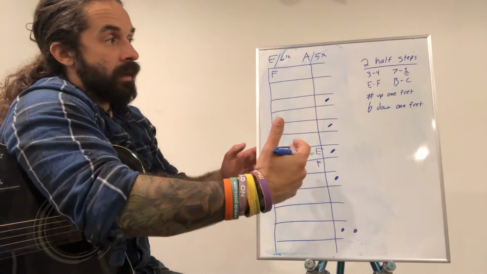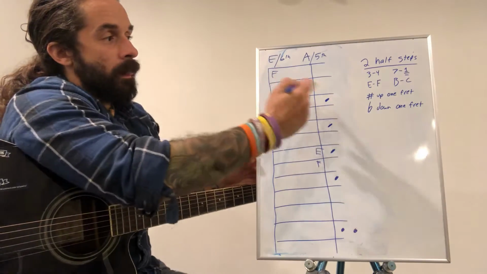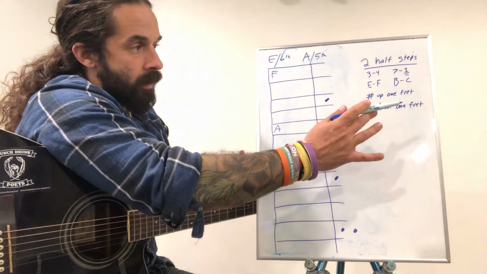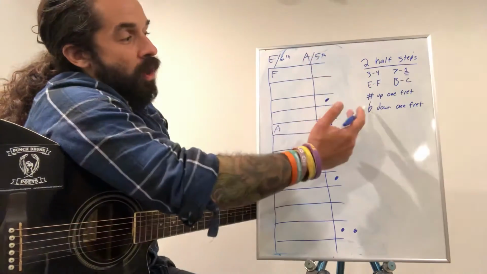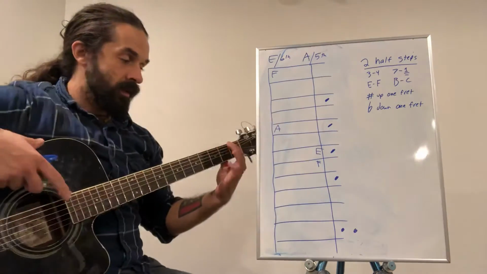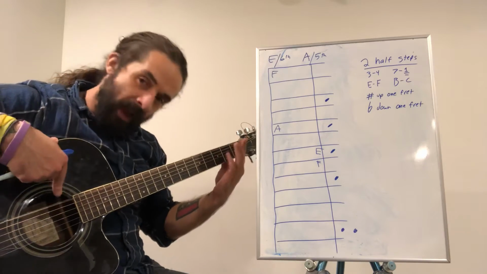Now, let me do one of the other notes. Let's take F, just for the heck of it. This might be something that you already know, which just means you don't have to watch it. A sharp is up 1 fret. Sharp is up 1 fret. Flat is back 1 fret.